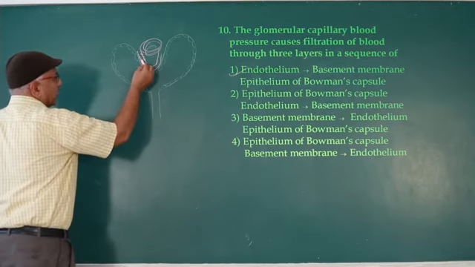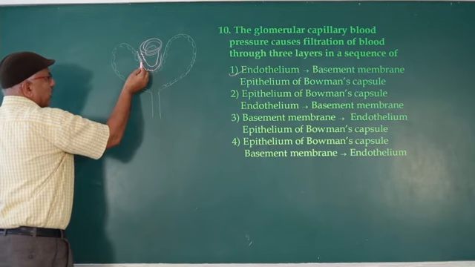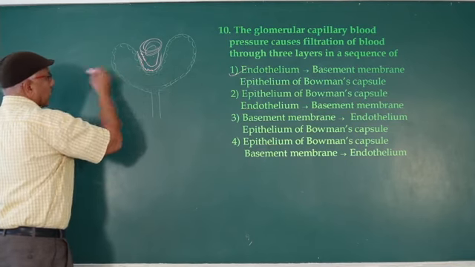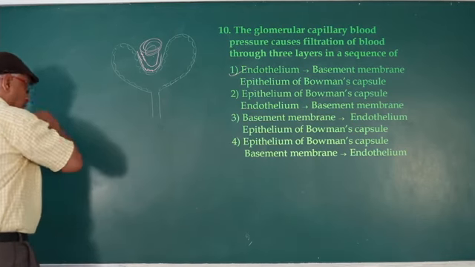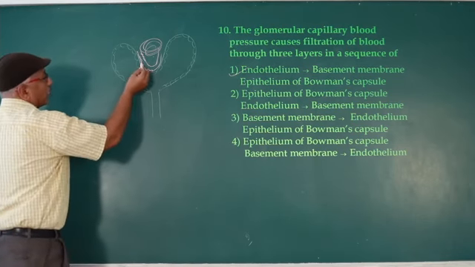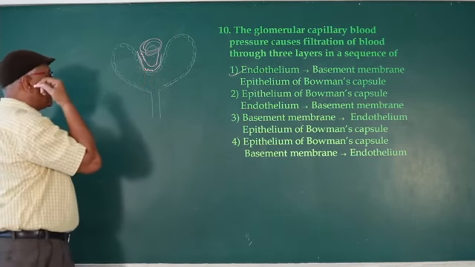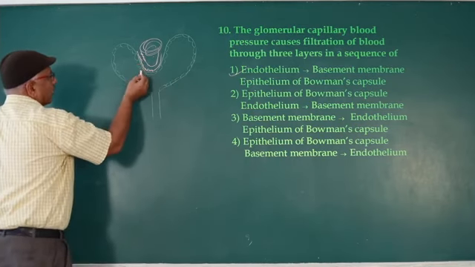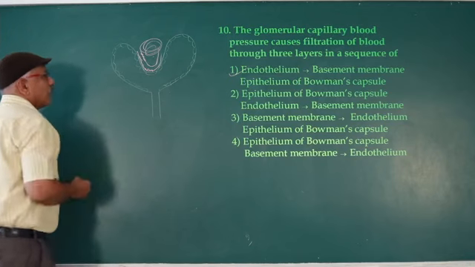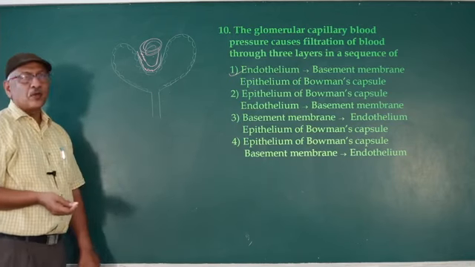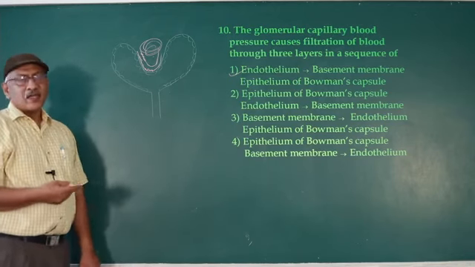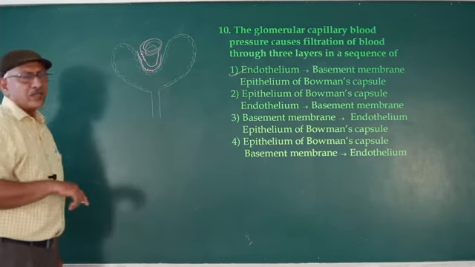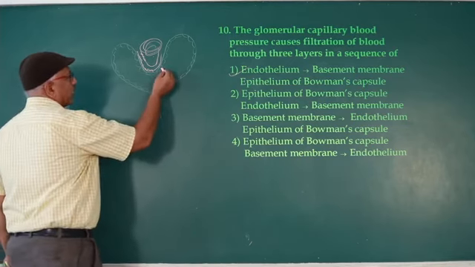Second one, basement membrane of glomerulus and basement membrane of Bowman capsule, together one layer. And third one is squamous epithelium of inner layer of Bowman capsule. You already know the flattened cells of inner layer of Bowman capsule are also known as podocytes. It is the outer layer, it is the inner layer.